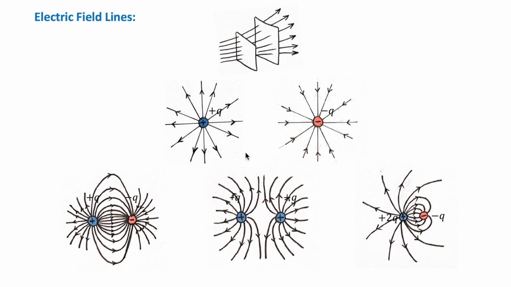So when drawing electric field lines, the lines must begin on a positive charge and terminate on a negative charge. Also, the lines should not cross, and the number of lines from a charge should be proportional to its magnitude. Okay.